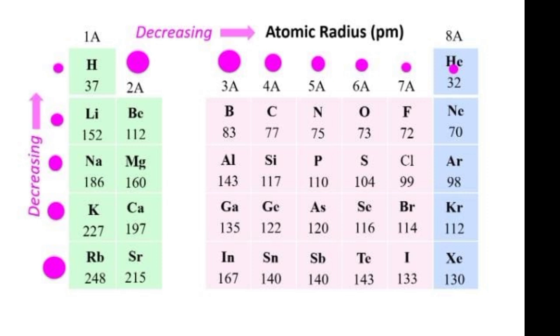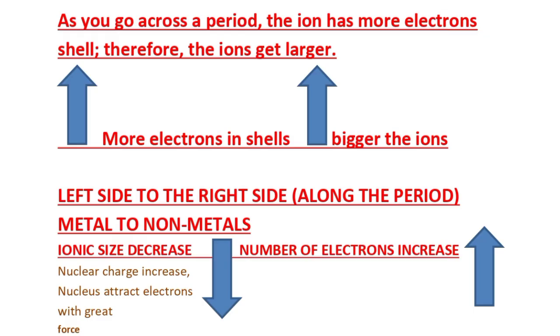It means that the number of electrons is also increasing. Both of these things are inversely proportional to the size of an atom. Whenever we are moving from the left hand side to the right hand side, although the number of electrons and protons increases, the reactivity of the element decreases.